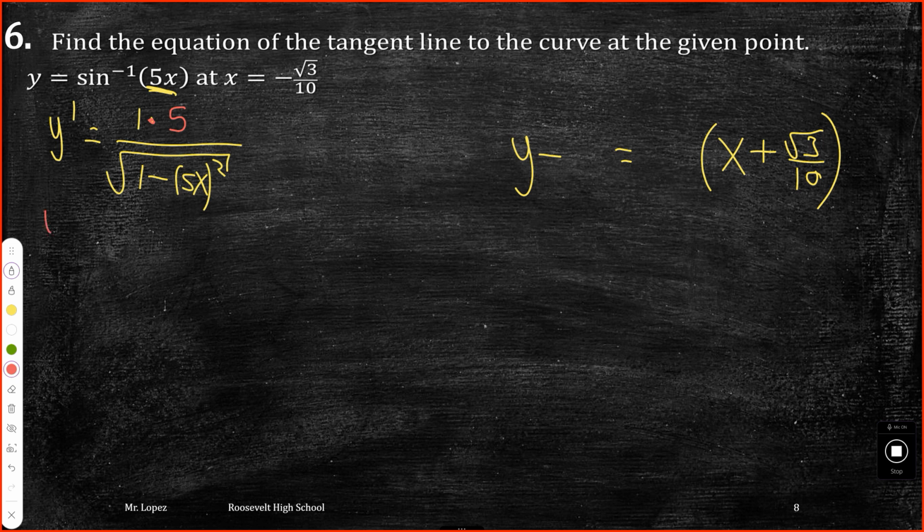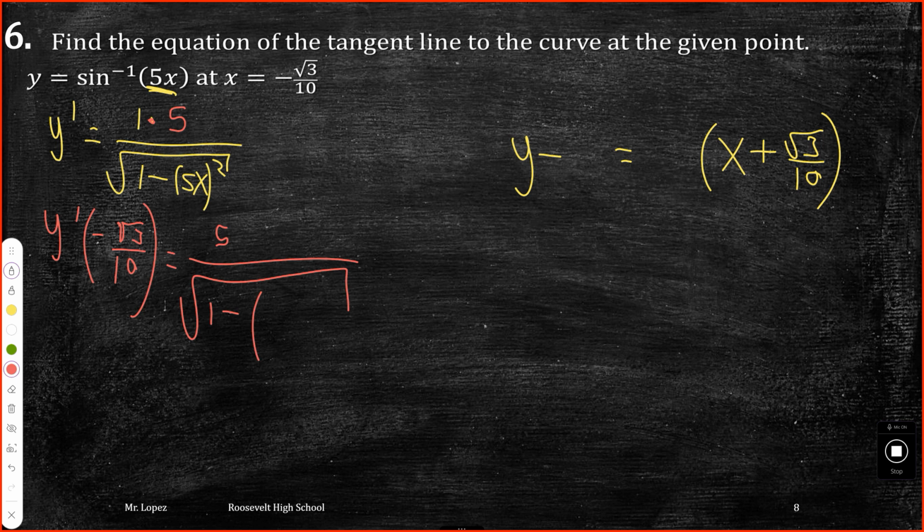So y prime at negative root 3 over 10 is going to equal 5 over square root 1 minus, in parentheses, 5 times this thing here, negative root 3 over 10, squared.